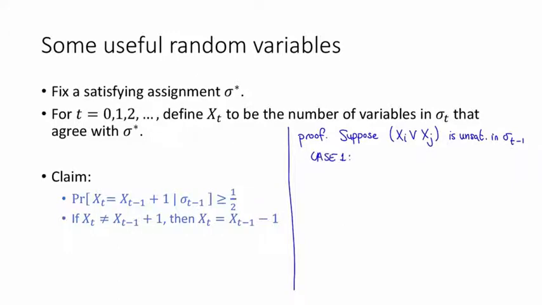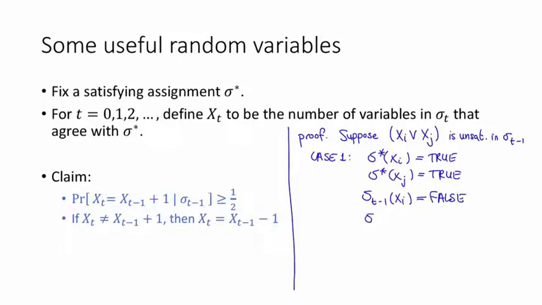In the first case, the value of xi in the assignment sigma star is equal to true, and so is the value of xj. Notice that because this clause was unsatisfied in sigma t minus 1, we're going to have sigma t minus 1 of xi equals false, and sigma t minus 1 of xj is also false.